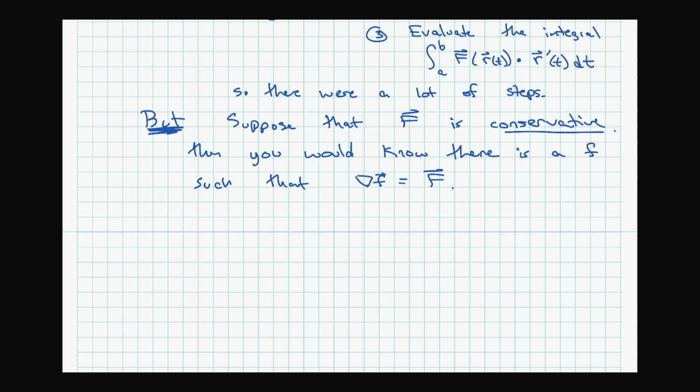That's the definition of conservative. So if you knew that big F was conservative for some reason, then you would know about the existence of this other function, little f, and this relationship between them.